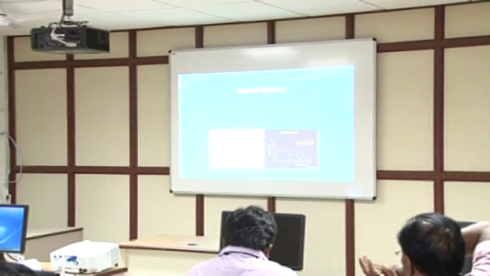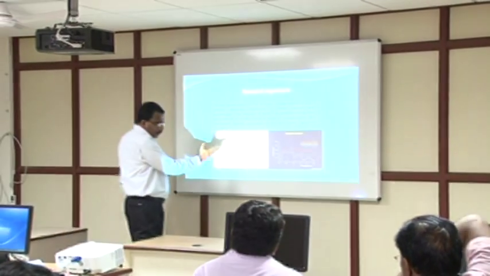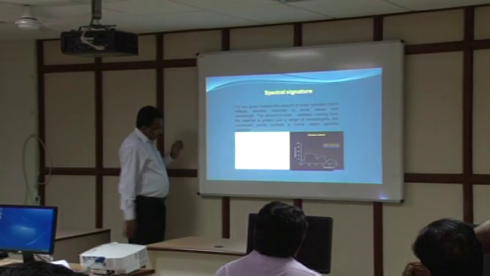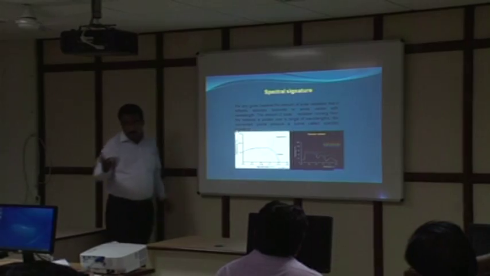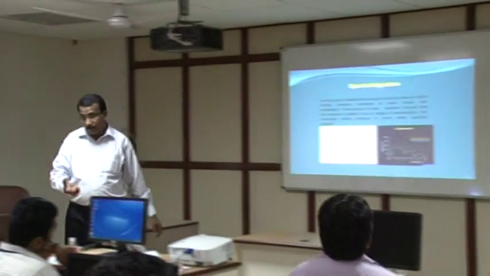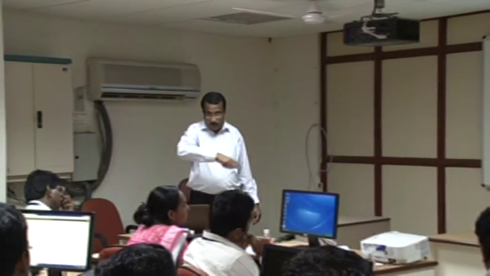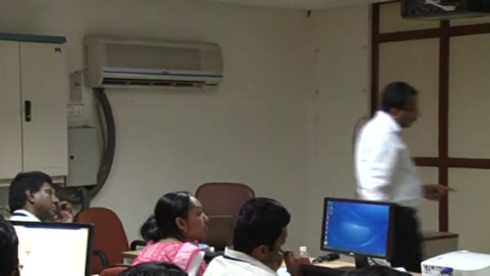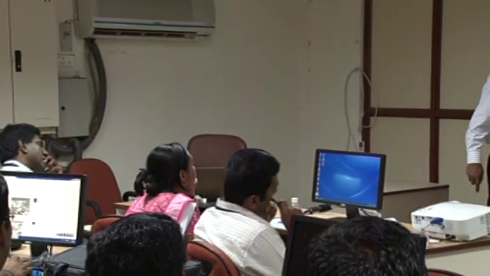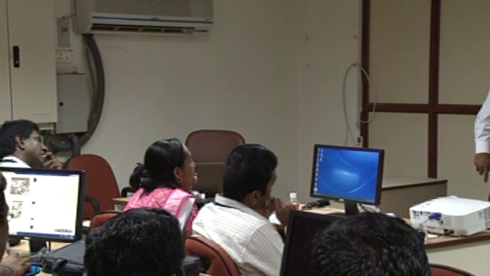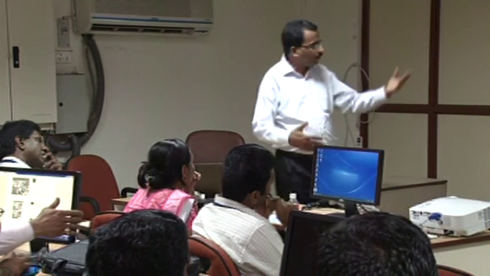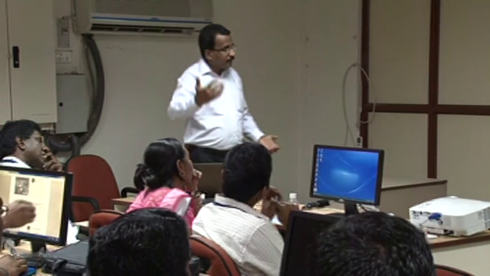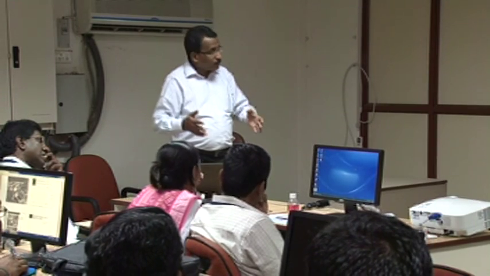If you are taking vegetation, it will also behave like this. But in general, one object will have the same unique property, that is its behavior in different wavelength regions. It is like this. So this is the signature. By just seeing this, instead of going to a satellite sensor, you can use a radiometer.